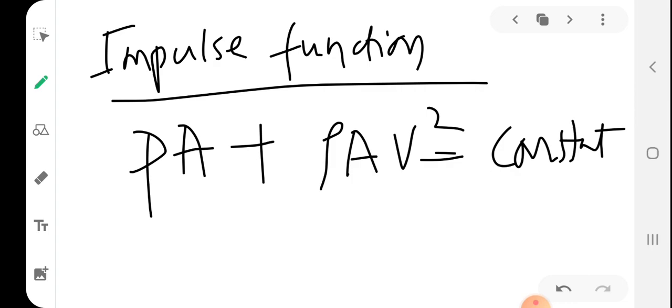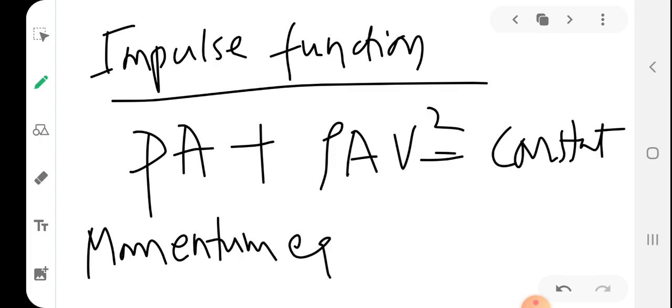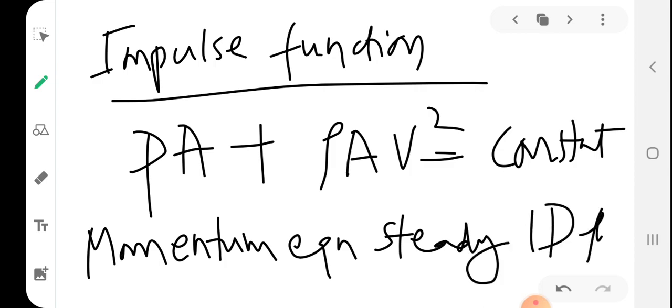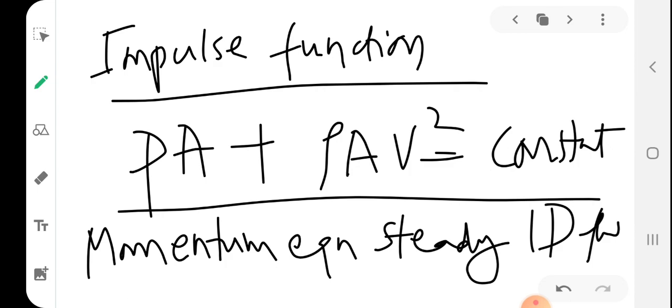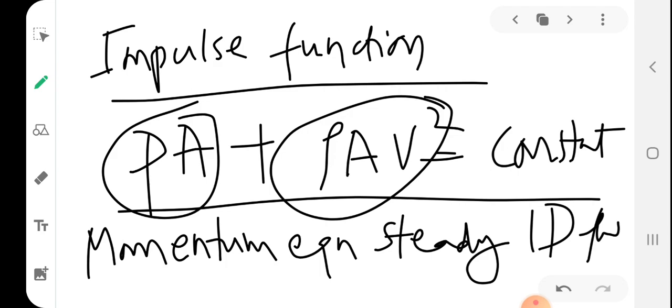This is the momentum equation for steady one-dimensional flow. PA is the pressure term, and rho A V squared is the momentum term. So the sum of the pressure force term and momentum term at any section is constant. That is the idea of the momentum equation.